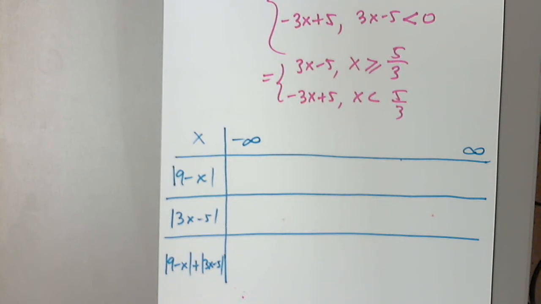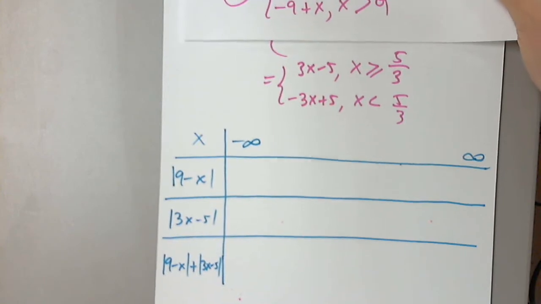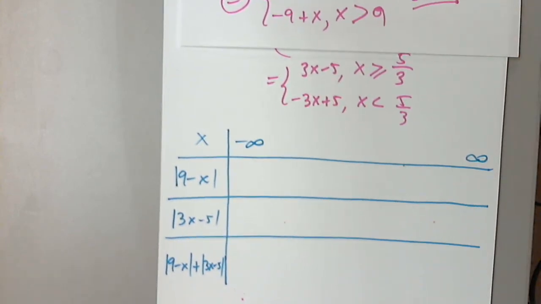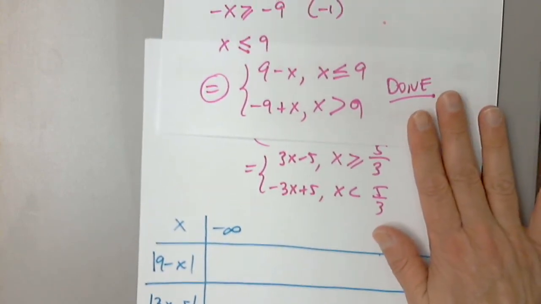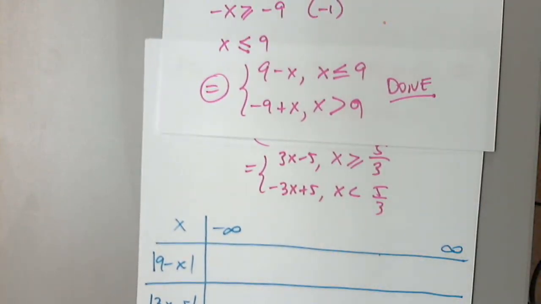So now my question is, let's go back to the two simplified expressions. Can anyone tell us which key x values I have to have in the table right here? 9. Why? Because something major happens there. What?